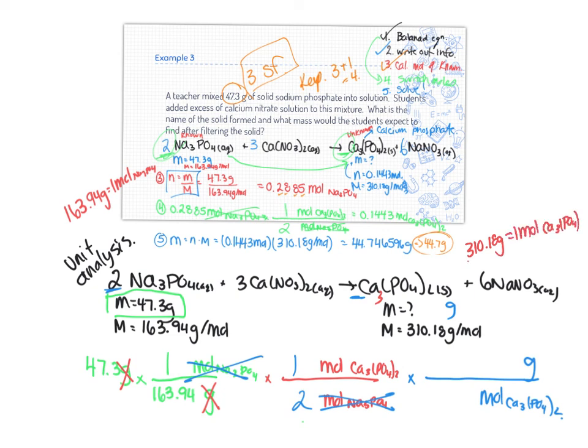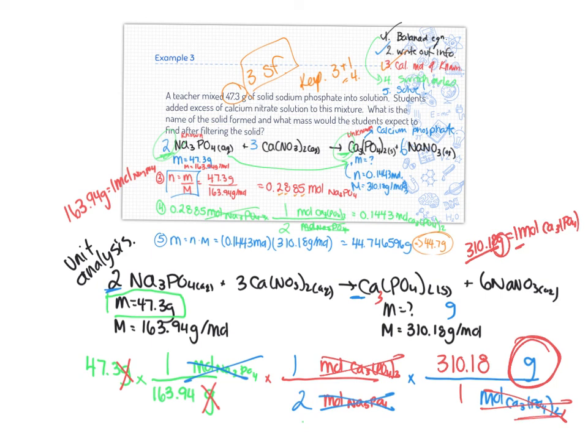So putting this information in, 310.18 grams per 1 mole of calcium phosphate. Last step here, our moles of calcium phosphate have canceled. The only piece of information I have is grams, specifically of calcium phosphate.